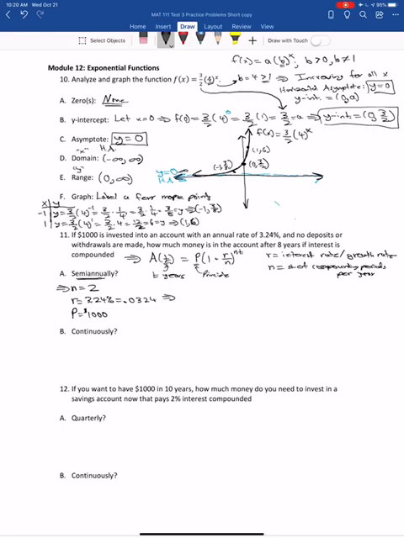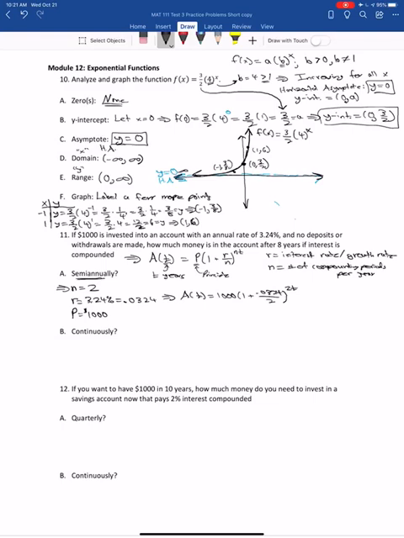That implies A of t, the amount of money, would be equal to 1,000 times 1 plus r over n, so 0.0324 divided by 2, semi-annually compounded, raised to the nt power. Now n being 2, so 2t. So there's our exponential model.